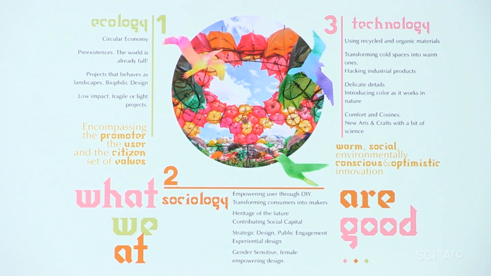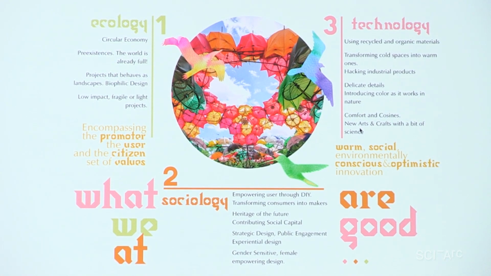We have a whole expertise in delicate details, something that we think has been pretty forgotten in contemporary architectural culture, comfort, coziness, and a new vision of art and crafts.